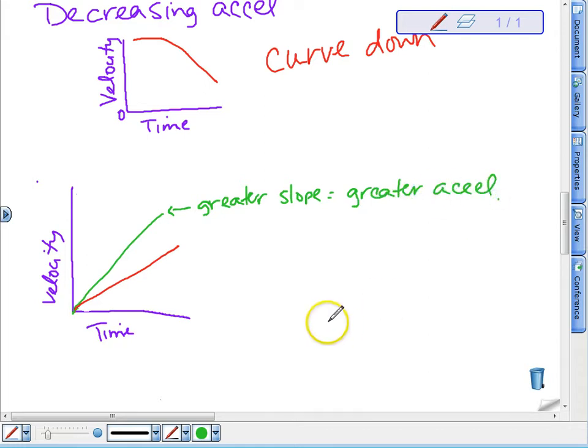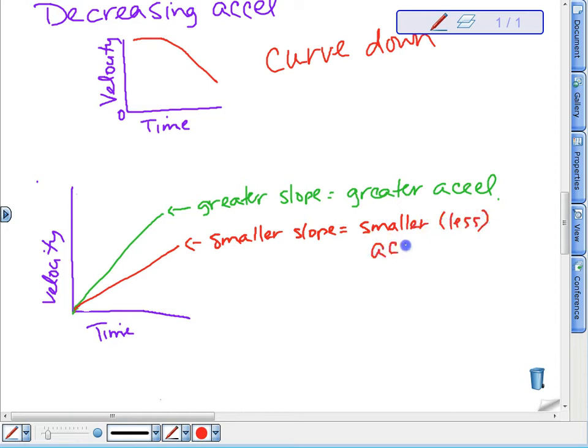Its acceleration is changing faster than this red line, which has a smaller slope. So it has smaller or less acceleration. Its velocity is changing, but not as quickly, not as greatly as the green line.